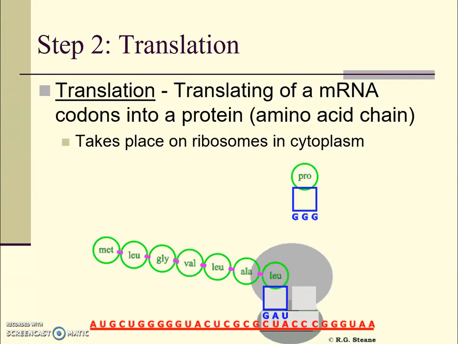For every single protein, the first amino acid will be methionine, and the last would be the stop codon, indicating that's the end of the gene, and this is the length of the protein that you're going to get, or a polypeptide chain. So AUG is the beginning of every single mRNA and ends with a stop codon. Therefore, first amino acid is methionine and the last is the stop codon.